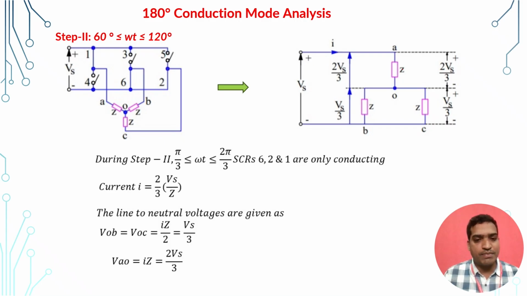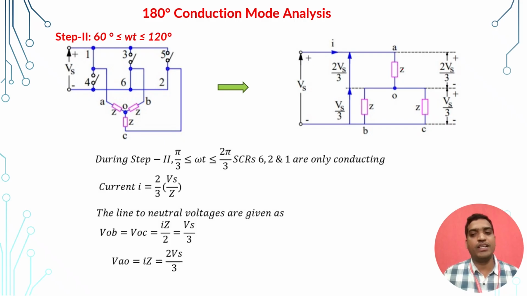Next, I want to calculate the line to neutral voltage, nothing but the phase voltage, across VOB, VOC as well as VAO. Because VOB and VOC are in parallel paths, the voltage is the same in both cases. So VOB equals VOC, which equals current into equivalent impedance.